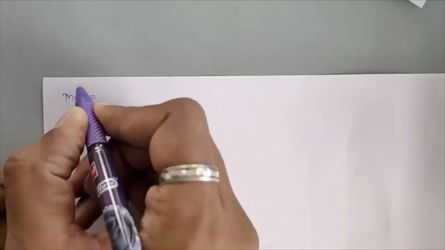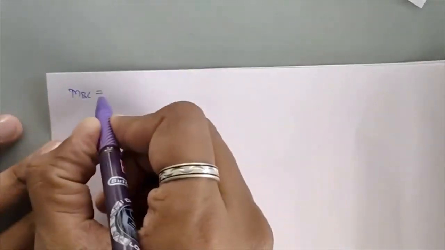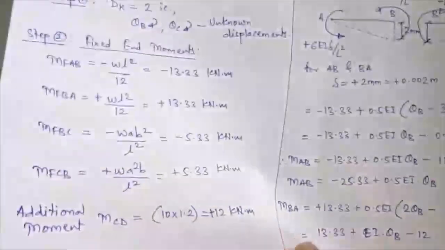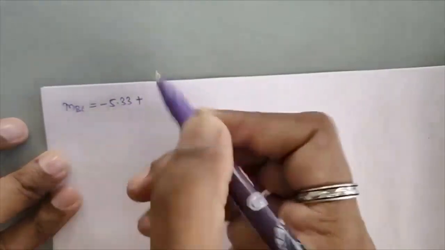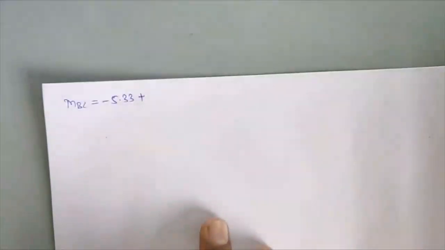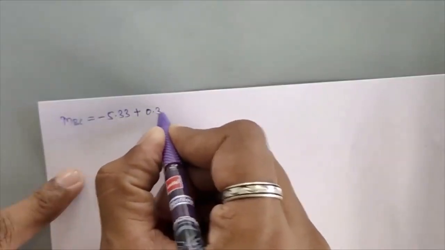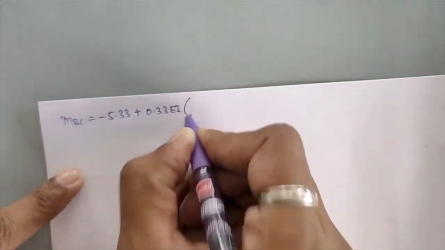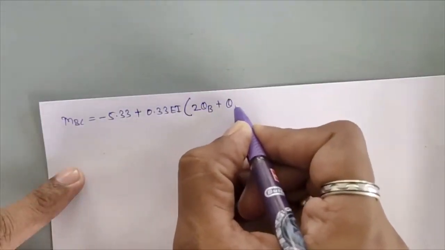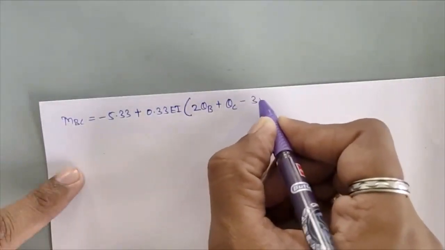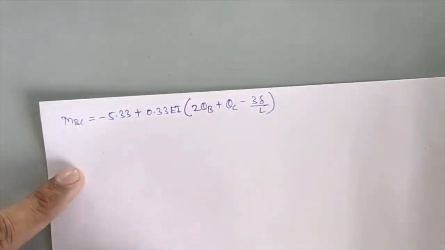We'll see the MBC equation, that is equal to MFBC, that value we have got for MFBC from the fixed end moment, minus 5.33 plus 2 EI upon L. L of member BC is 6, so 2 by 6, that becomes equal to 0.33 times EI into your near end rotation, that will be 2 times theta B plus far end rotation theta C minus 3 delta divided by L.